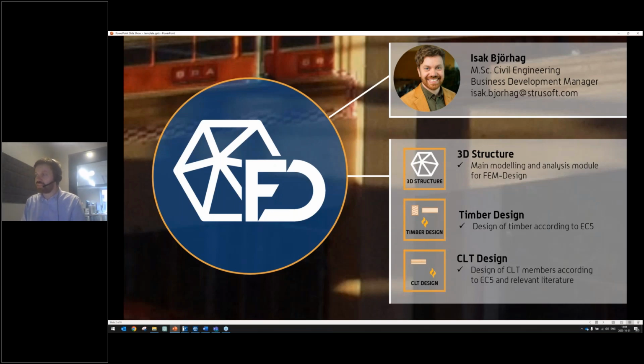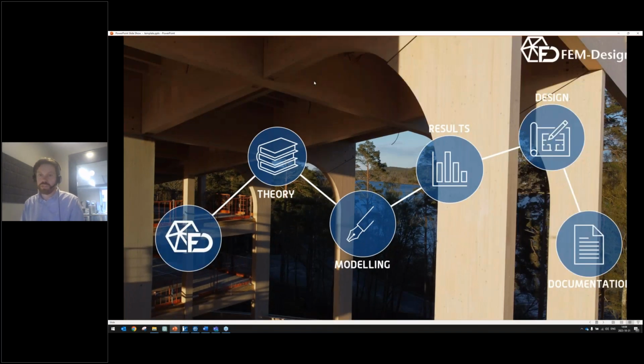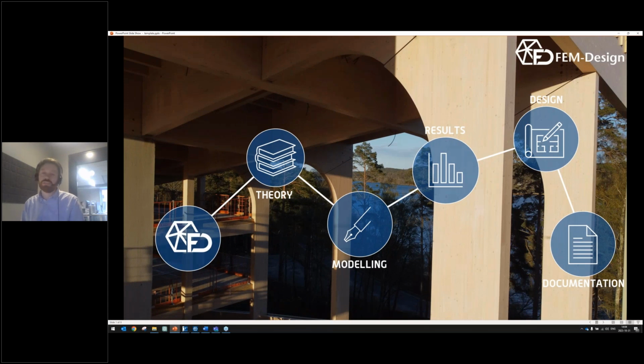And also CLT design, which is a separate module for CLT, and it is according to Eurocode 5 and some additional checks according to relevant literature. I will go into a little bit more detail about this very soon. I will start out by walking through some theory background, and then I will continue with modeling, results, design of CLT, and at the end, a little bit about documentation.